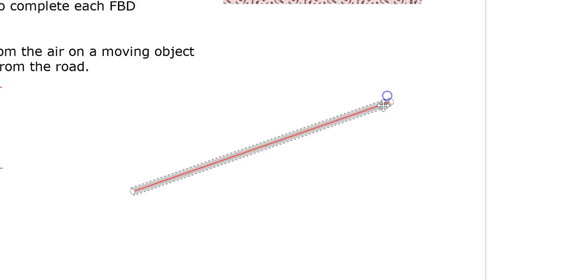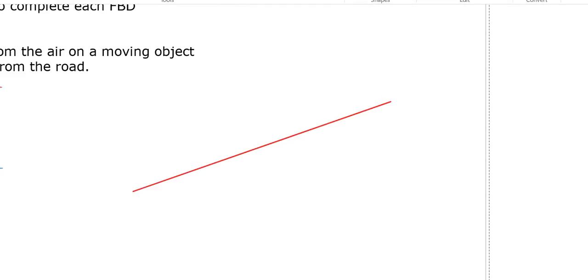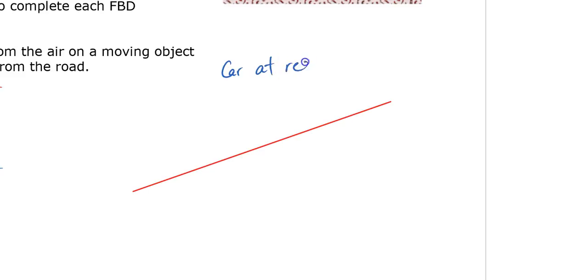Let's say it's on an incline. And to make matters worse, let's say your car is actually on a hill in San Francisco.